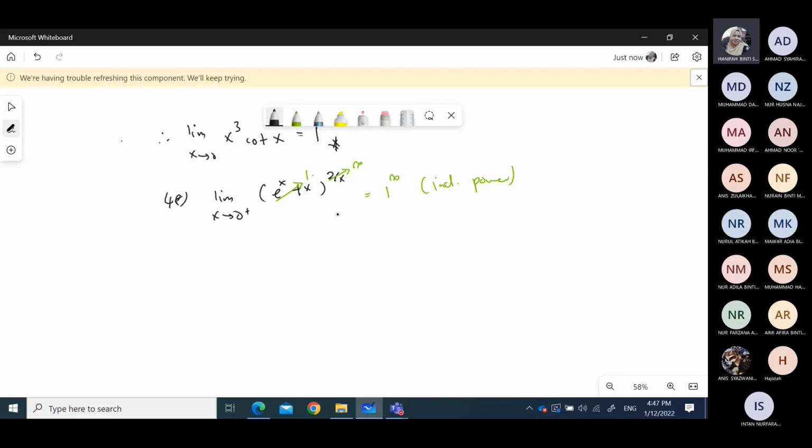Okay, so for the indeterminate power, we have a few procedures to solve. So the first one, we need to introduce the dependent variable. So let y be exponent of x plus x, to the power of 2 over x. And next, we need to take natural log on the left hand side and right hand side.